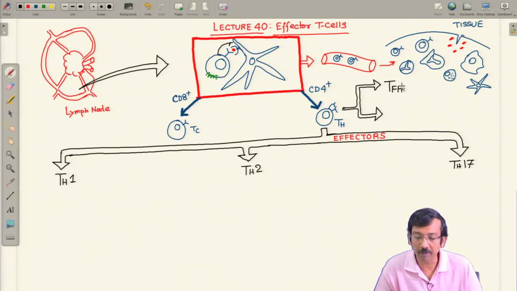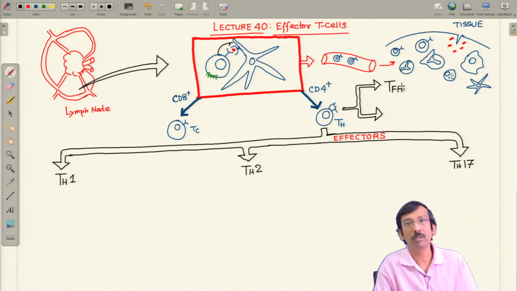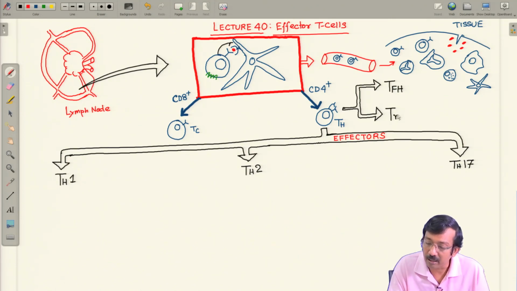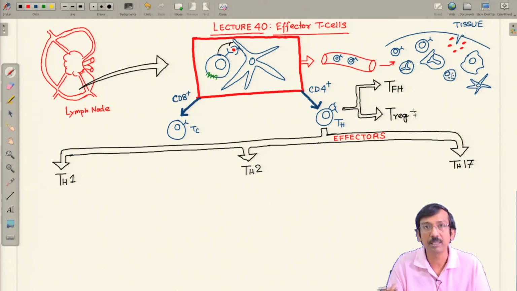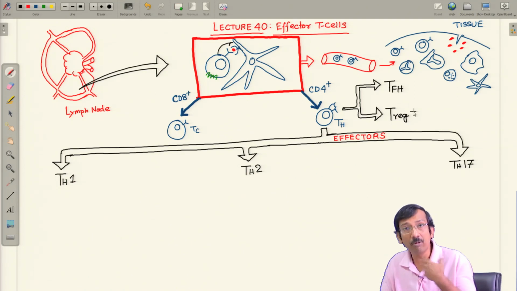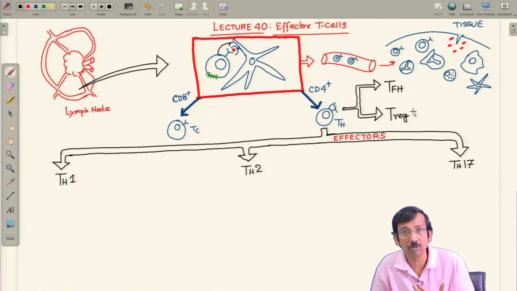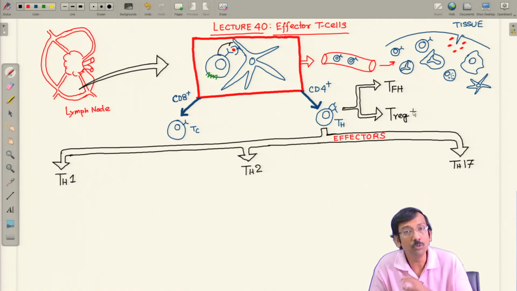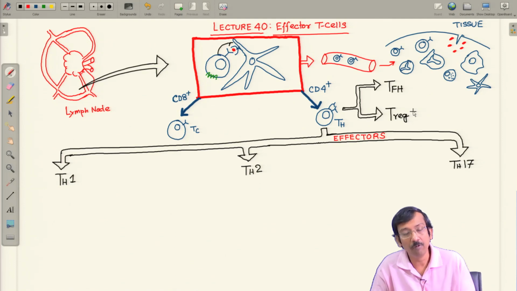We know them very well because we have learnt about their role in the B cell development process, and the T reg or the T regulatory cells, which are very important in regulatory roles. They are the regulators of the T cell responses.